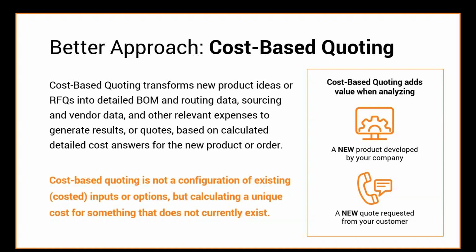So cost-based quoting adds value when we analyze a new product that is currently being developed by our company, or that goes through several development stages, or a new quote that is requested from our customers that doesn't exist anywhere yet. Right?